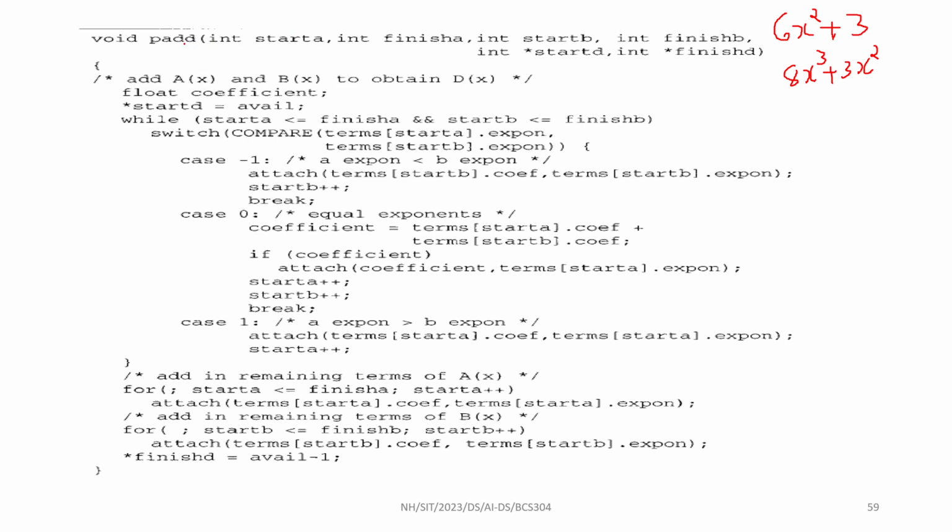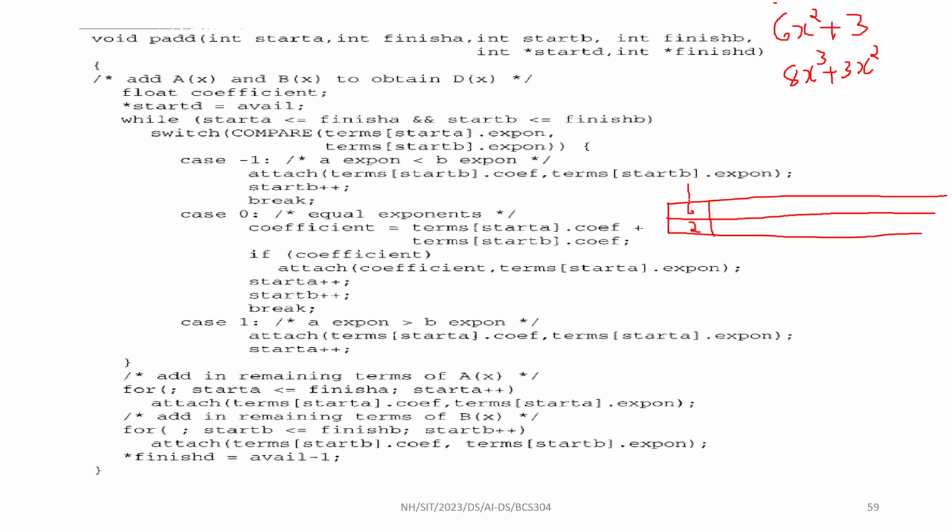The function name is polynomial addition. How this is represented in memory, we'll take that also. A structure array having two fields. First, the starting point of A. All the terms are arranged in descending order of exponent: 6, 2, then the next term.